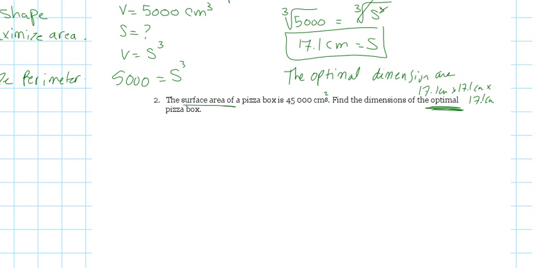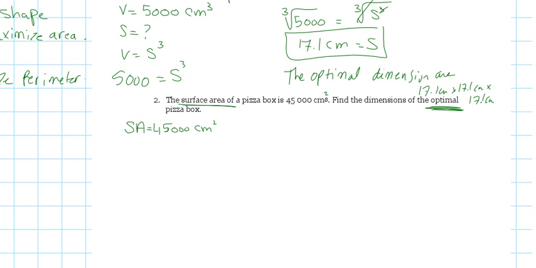So the surface area is 45,000 centimeters squared. And what shape am I using? Cubic shape. So what am I looking for? S. I'm looking for the side length.